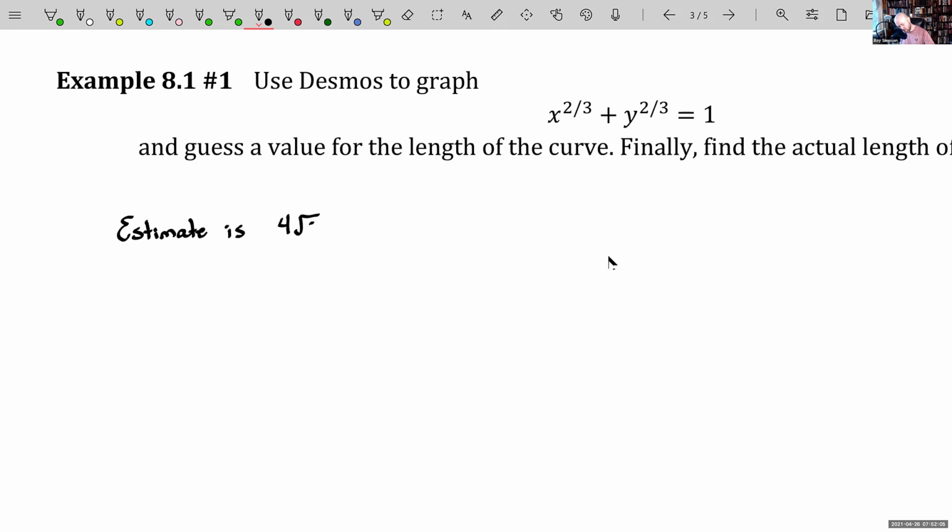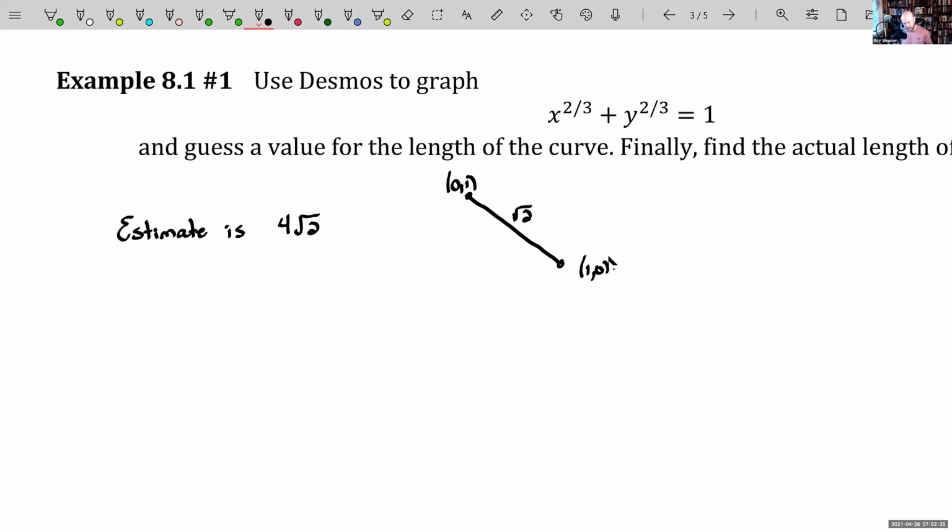For root 2, right? Because again, the length of that line connecting 0, 1 to 1, 0 is root 2. That's just a nice 45, 45, 90 triangle. So that's what our estimate is.